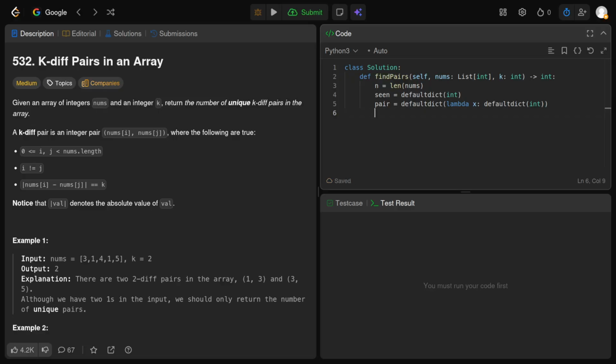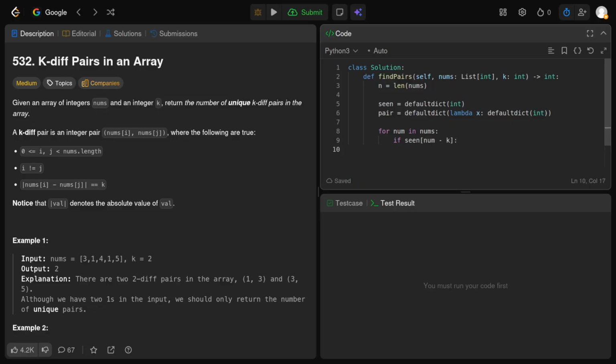Okay, and then for num in nums, so if seen num minus k, for num2 in num minus k, num plus k.